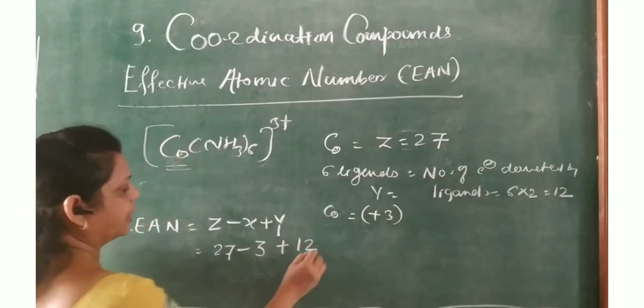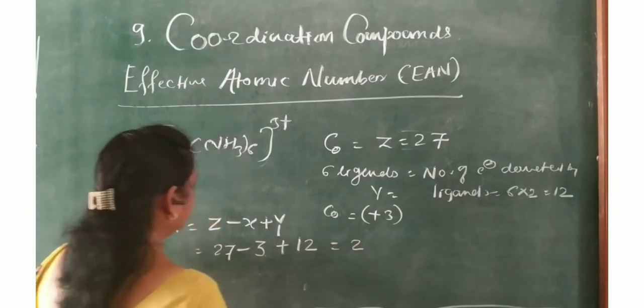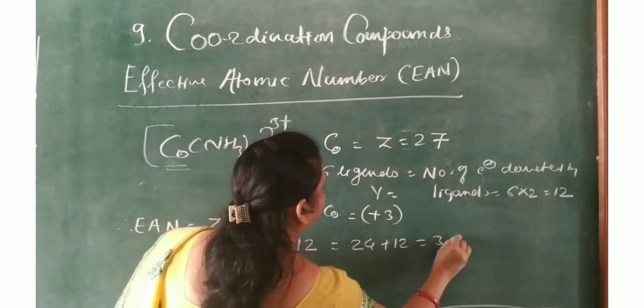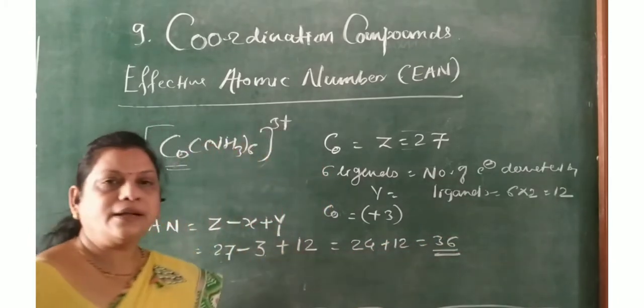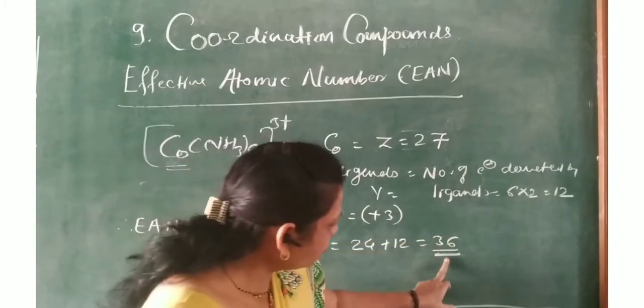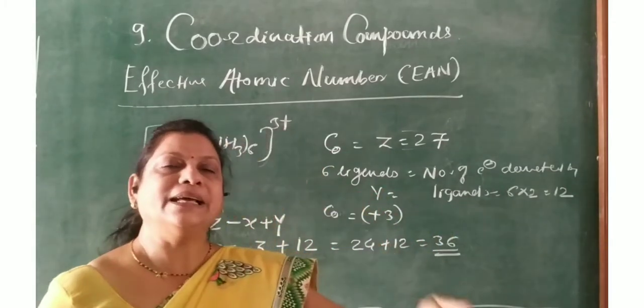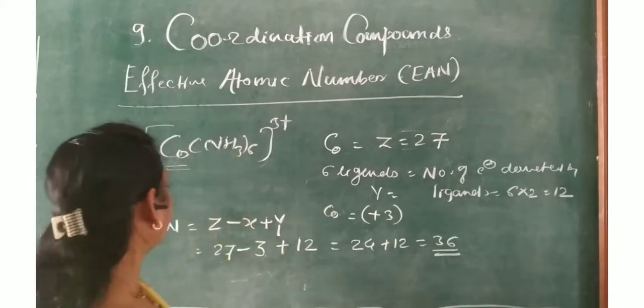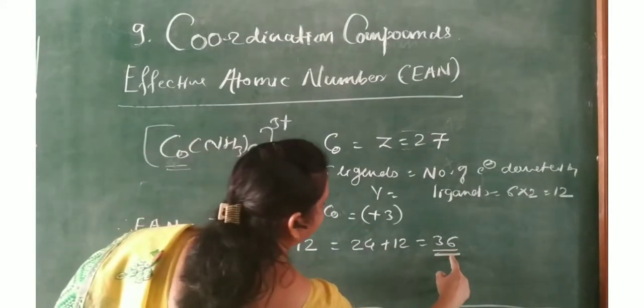That is 24 plus 12, equal to 36, which is the atomic number of the nearest noble gas element, and this is called the EAN rule.